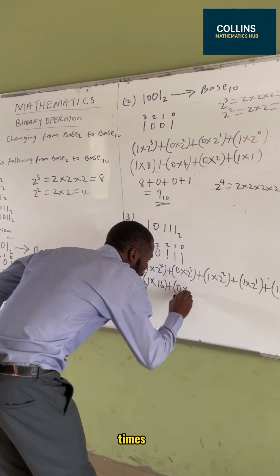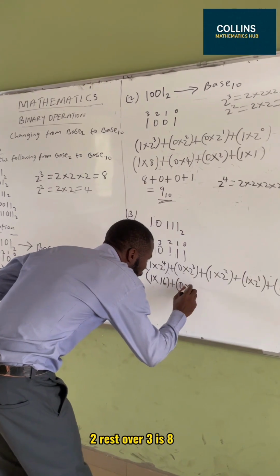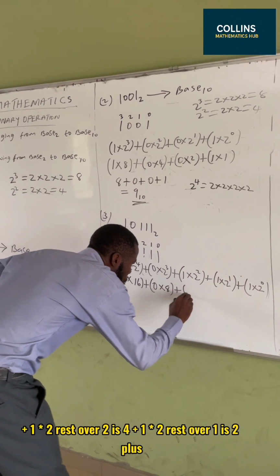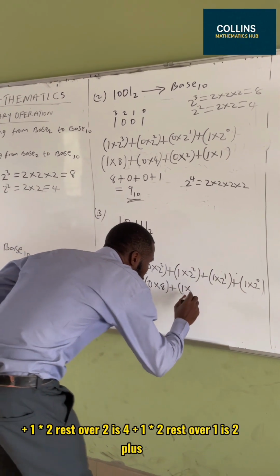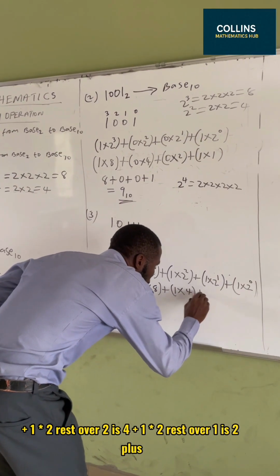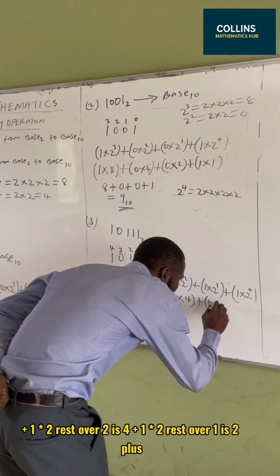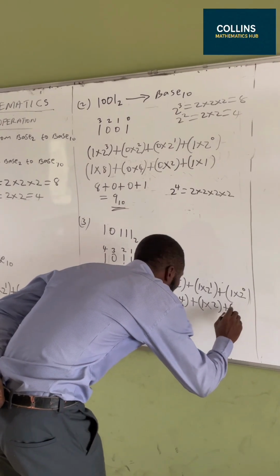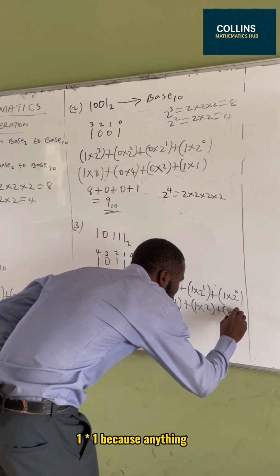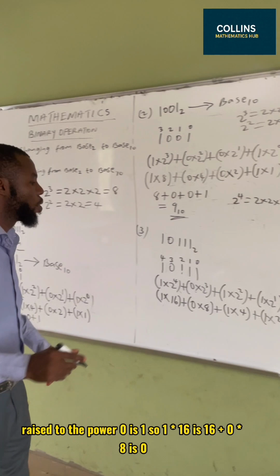0 times 2 raised to power 3 is 8, plus 1 times 2 raised to power 2 is 4, plus 1 times 2 raised to power 1 is 2, plus 1 times 1, because anything raised to power 0 is 1.